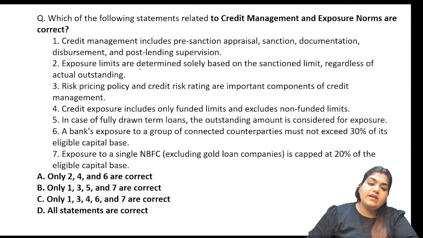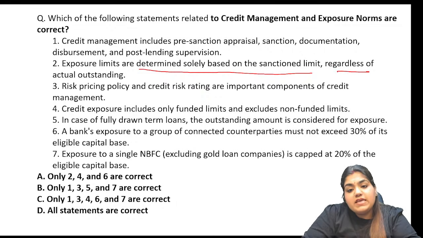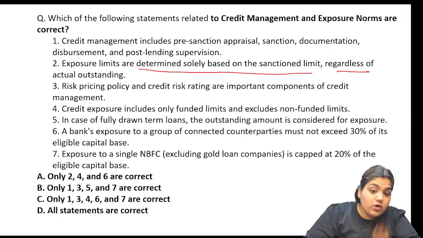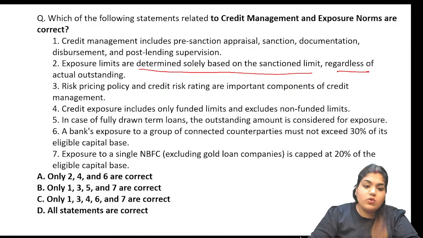Exposure limits are determined solely based on the sanction limit, regardless of the actual outstanding. We see what is higher, the sanction or the outstanding. We compare and then we give the loan. Then that determines the exposure limit. So statement number 2 is incorrect. The moment 2 gets incorrect, we eliminate A and D.